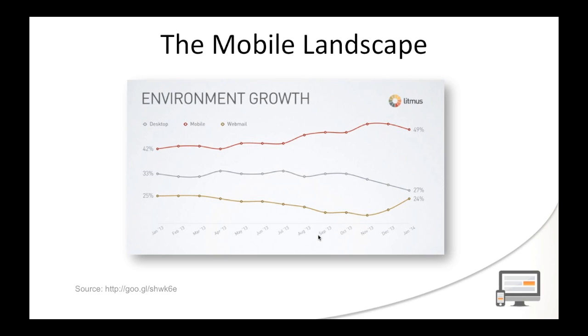If you think of desktop clients like Apple Mail and Outlook, mobile clients like your iPhone's native app, Android, Windows Phone, and I guess still BlackBerry, and then webmail clients such as Gmail.com, Yahoo.com, Outlook.com. Those are the kinds of things we're talking about here.